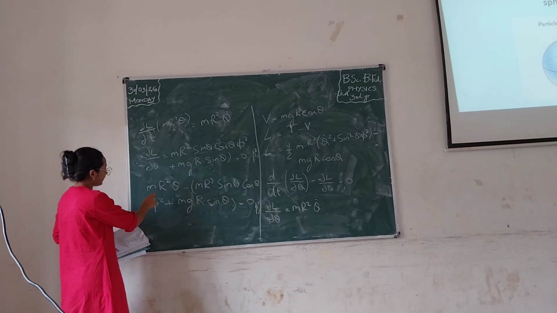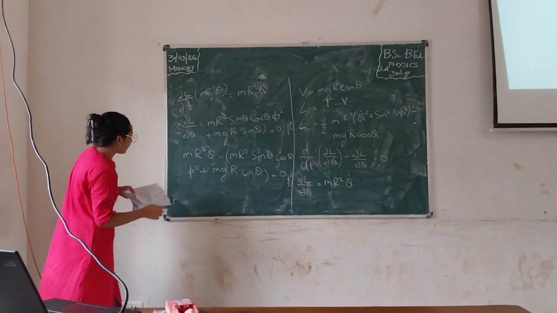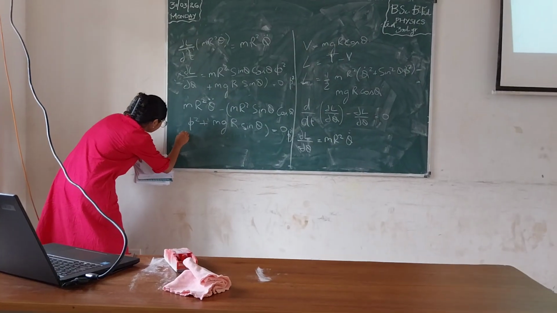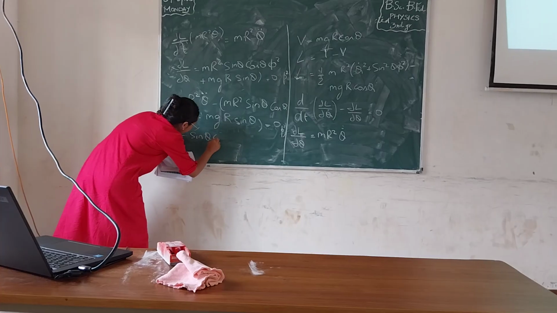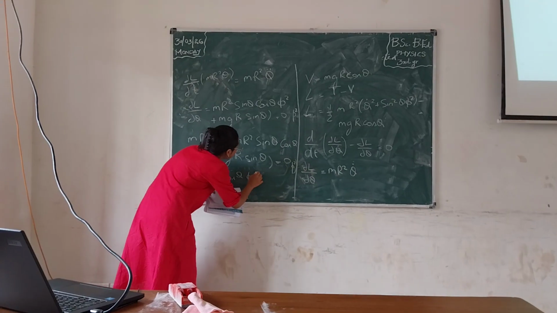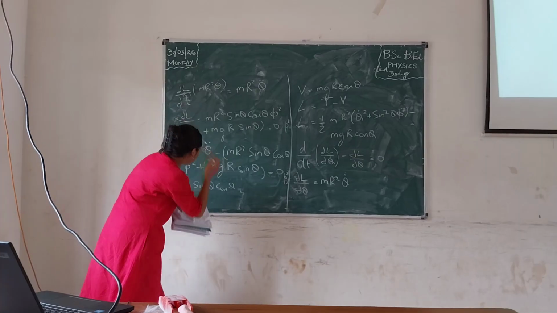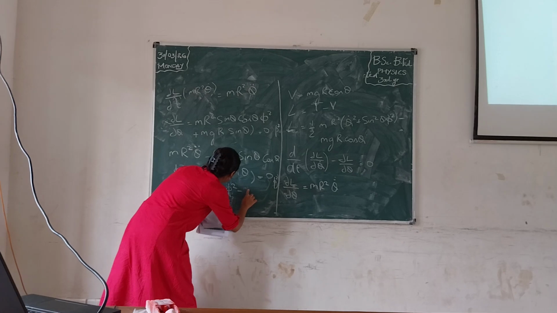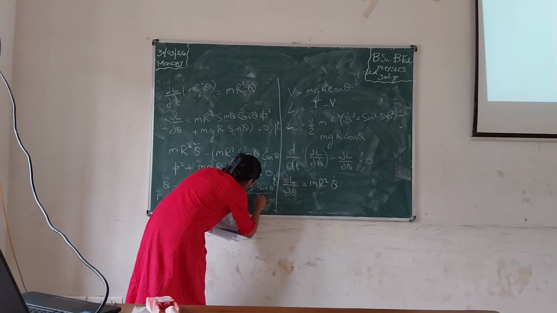Then we'll divide the equation by m r square, so we'll get theta double dot minus sin theta cos theta phi dot square plus g sin theta by r equal to 0.